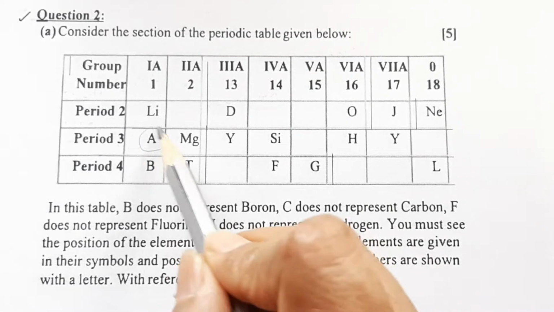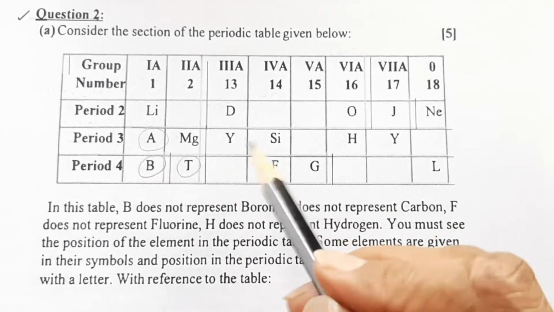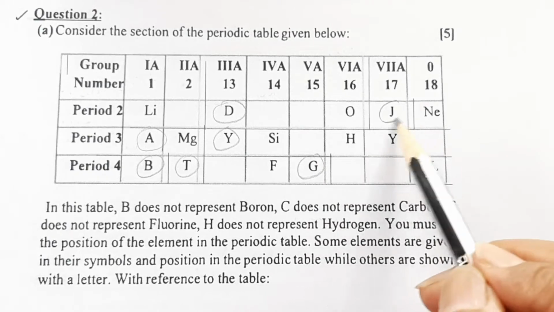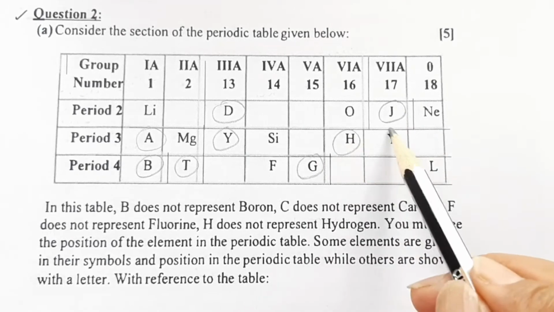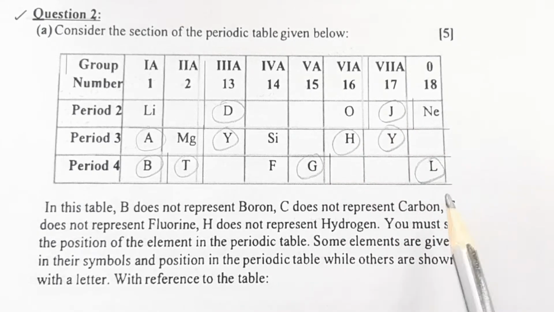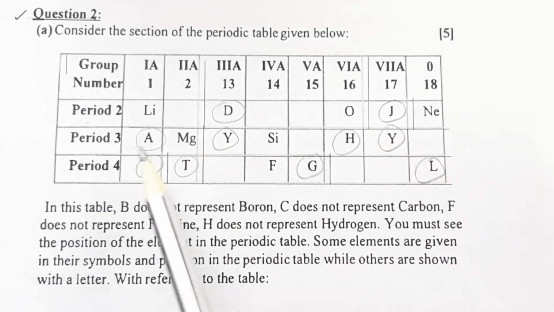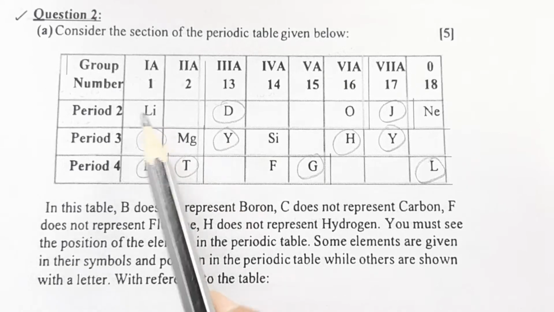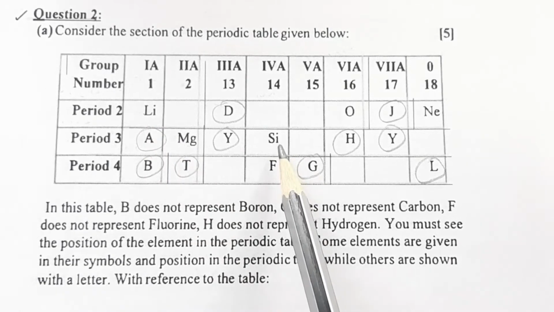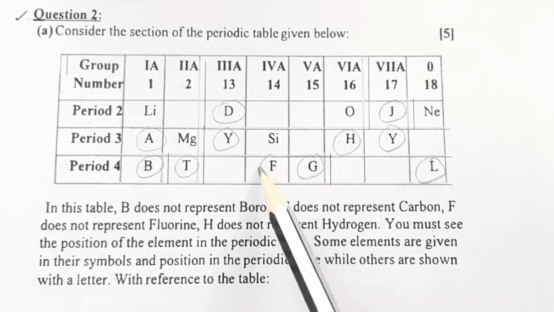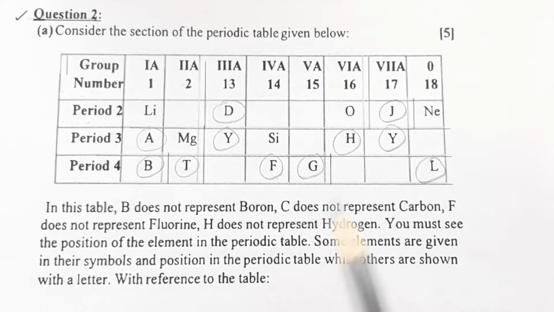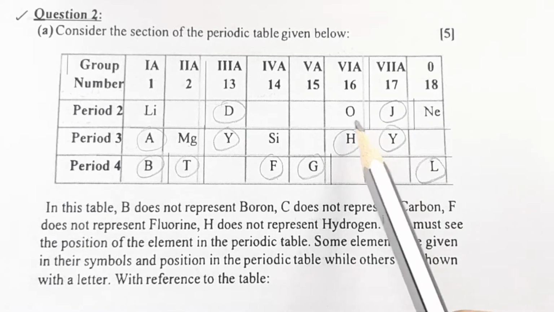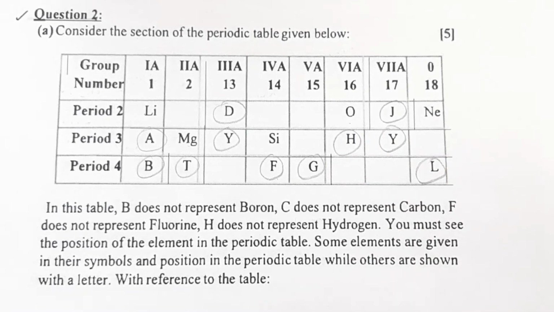We have A, B, T, D, Y, G, J, H, Y, L. These are letters of the alphabet, but lithium is a metal, magnesium is a metal, silicon, and this F also is just a letter, it's not fluorine. Fluorine should be somewhere here. Yes, okay, this oxygen is correct, this neon is correct.